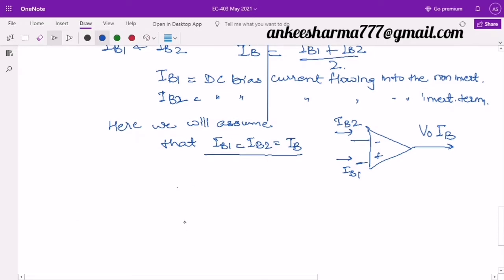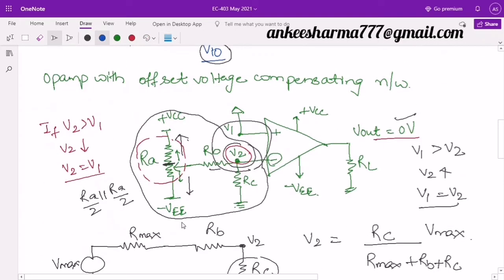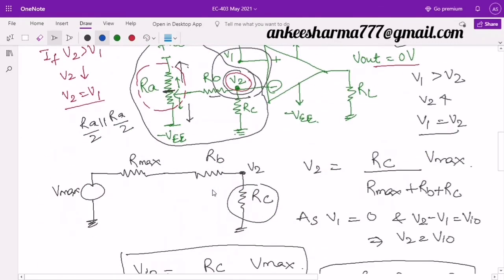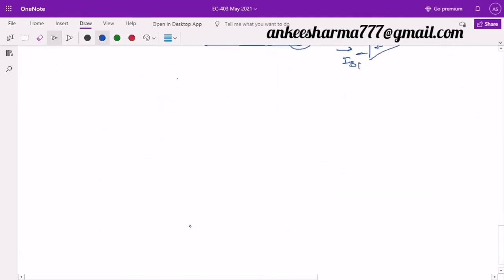Now, due to the difference in these input currents IB1 and IB2, although the values of IB1 and IB2 equal to IB are very small, they can cause a significant output offset voltage in circuits having relatively large feedback resistors. In the earlier case we also had these feedback resistors, in the closed loop one we discussed this.